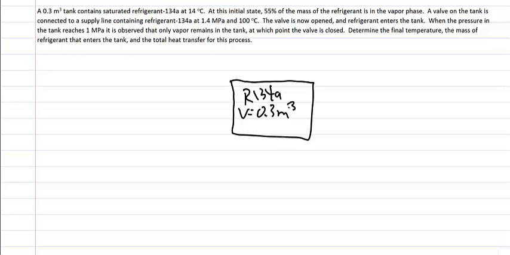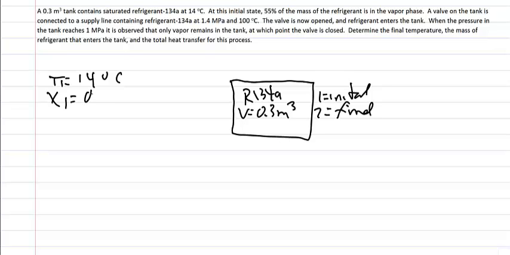In other words, we know the initial quality is 0.55. Let 1 equal the initial state and 2 equal the final state. So T1 is 14 degrees Celsius and the quality at 1 is 0.55.